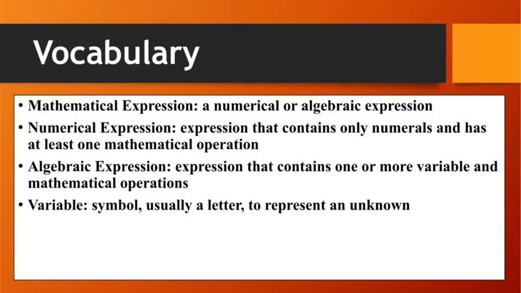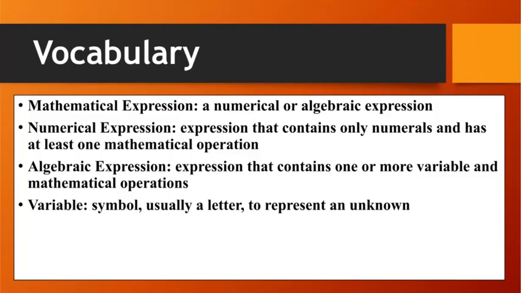Mathematical expressions can be classified as numerical or algebraic. Numerical expressions are expressions that contain only numerals and have at least one mathematical operation. An algebraic expression is an expression that contains one or more variables and mathematical operations.